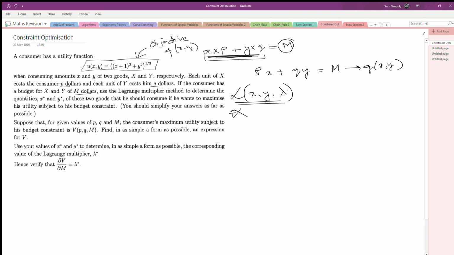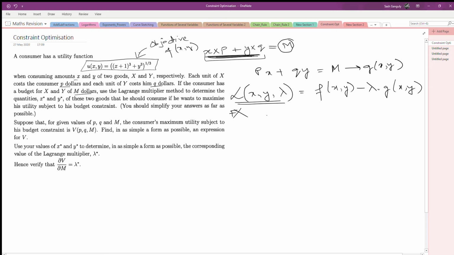So the Lagrangian is equal to f of x comma y, or feel free to just use u of x comma y instead of f, that's fine, minus lambda times g of x comma y. And this is not equal to anything. This is not equal to 0 or anything, right? So don't put equal to 0 yet.